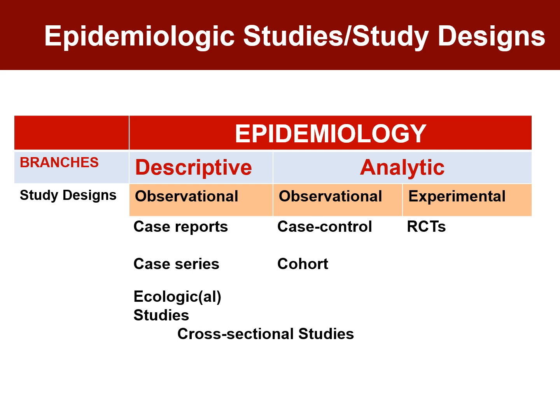Under the descriptive column, all the studies are observational. Under the analytic columns, we have a few that are observational, and then of course the one that is experimental. I hope this helps you understand it.